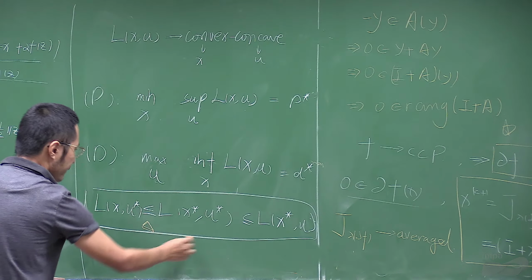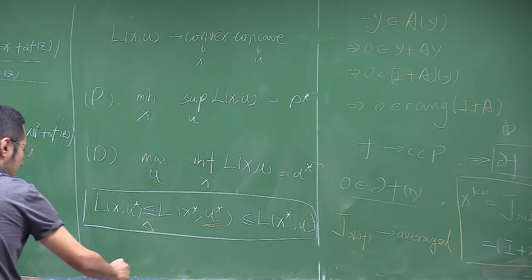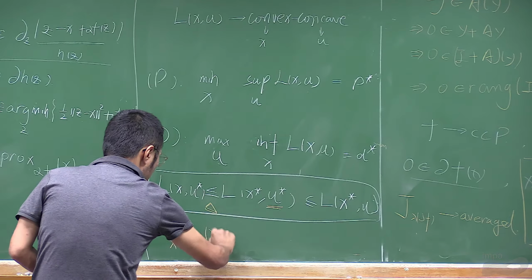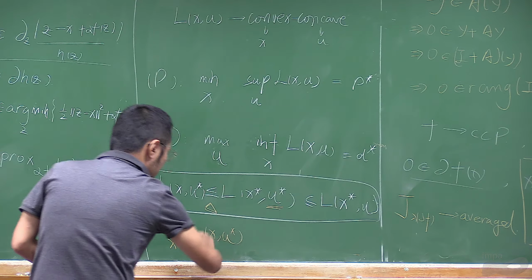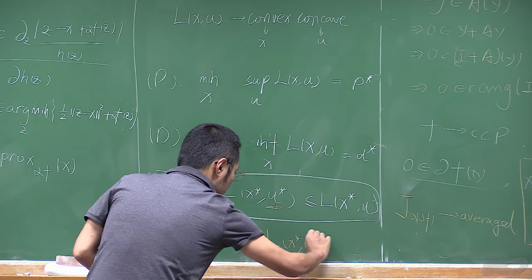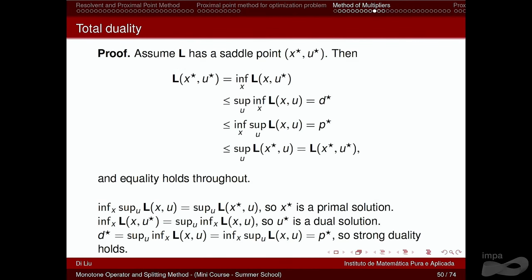If we fix u star, then the infimum in x of L(x, u star) is just equal to L(x star, u star). It is because of the definition of saddle point. And we take the sup of this function because u star is a fixed vector. We take the sup in u for any u.